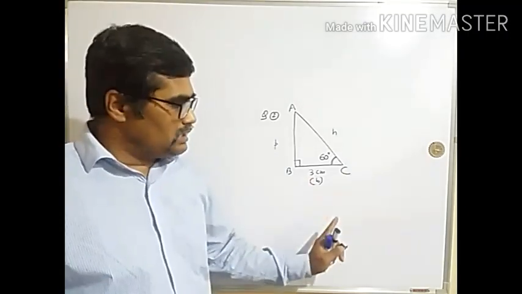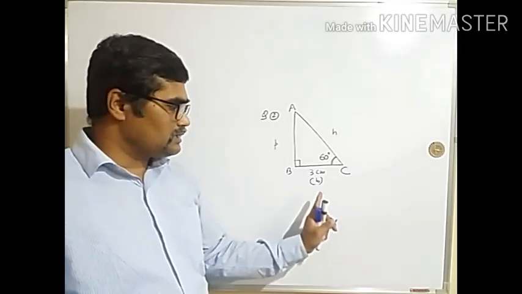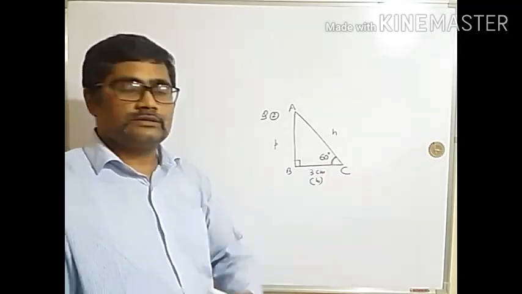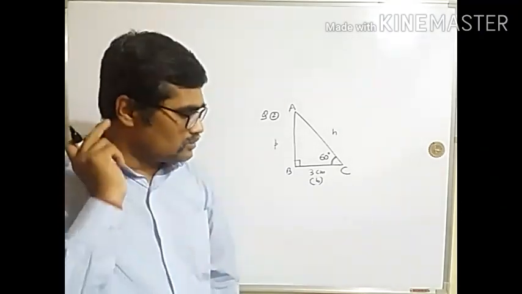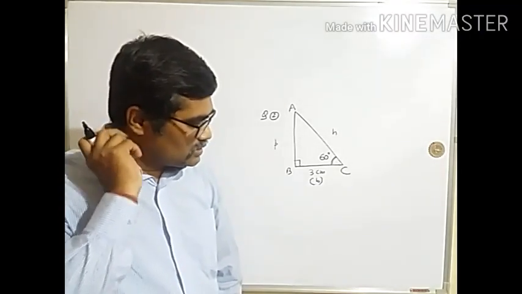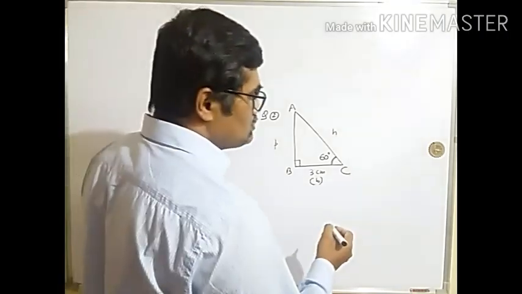Now that you need the hypotenuse, look for a relation of B and H with reference to the angle C. That will give you the solution. Can you remember which ratio relates B and H? It gives you cos.